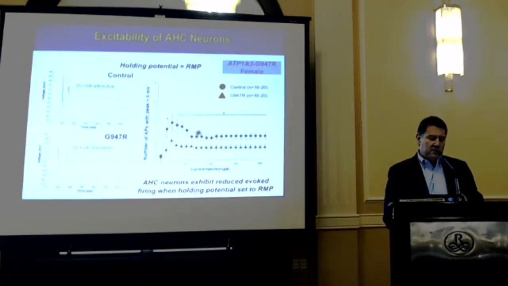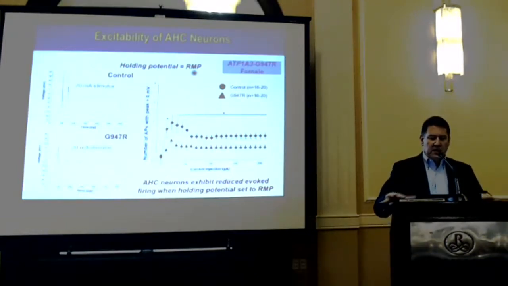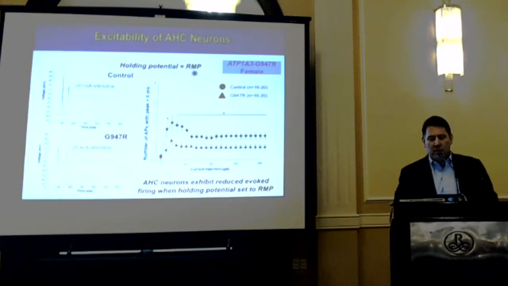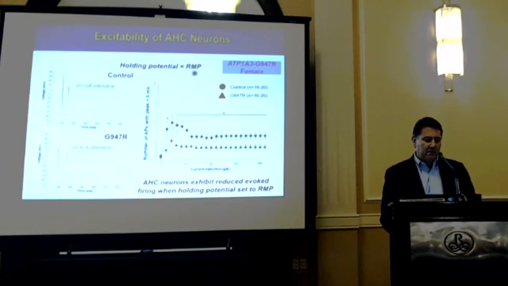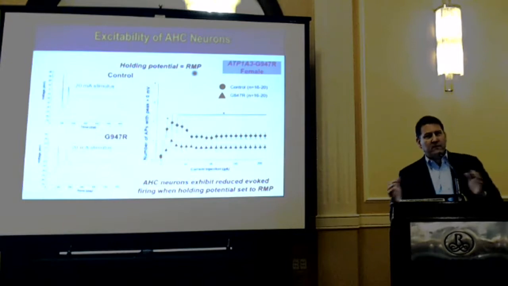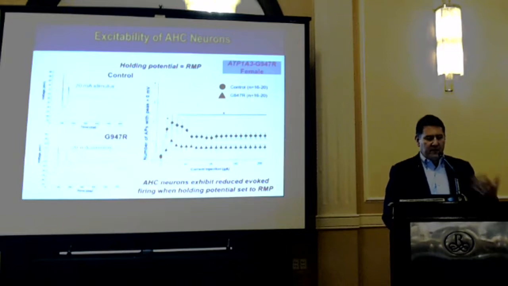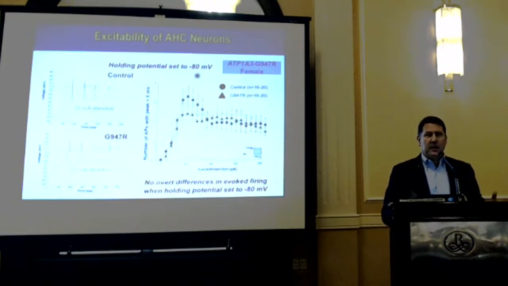Now, it turns out this experiment was done letting the neurons exist at their native natural resting membrane potential, which I showed you previously was abnormal. It was less negative than it should be. If we then correct for this, artificially making the resting membrane potential a fixed value, in this case, minus 80 millivolts, not that physiologic, but we pushed it really negative.